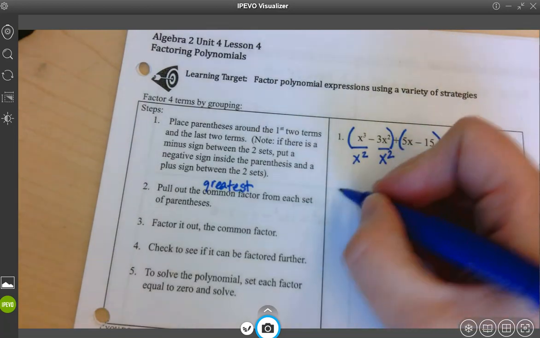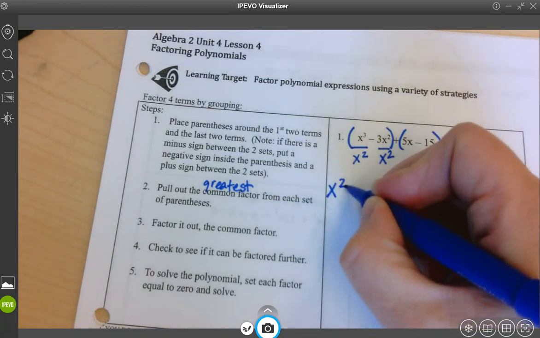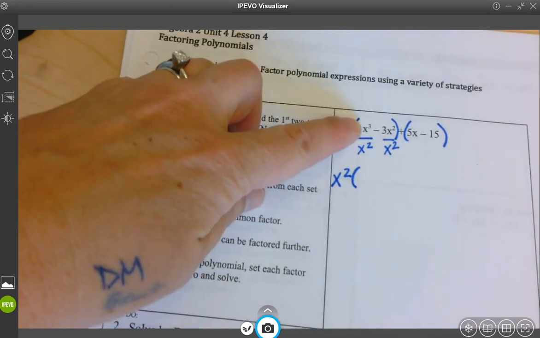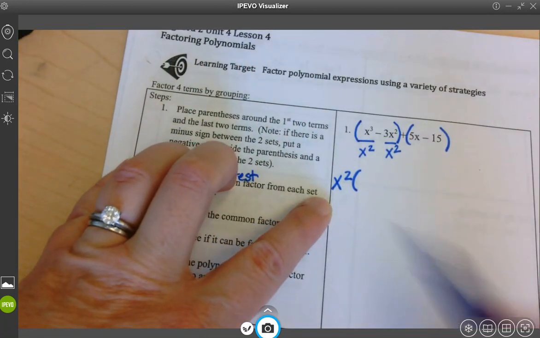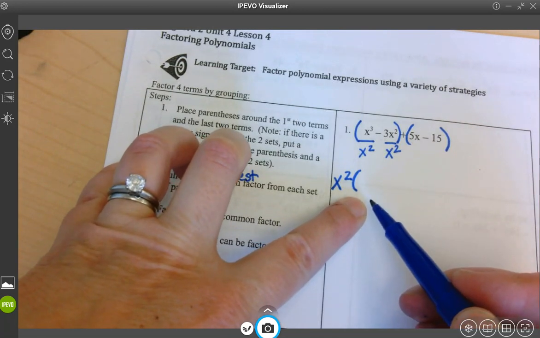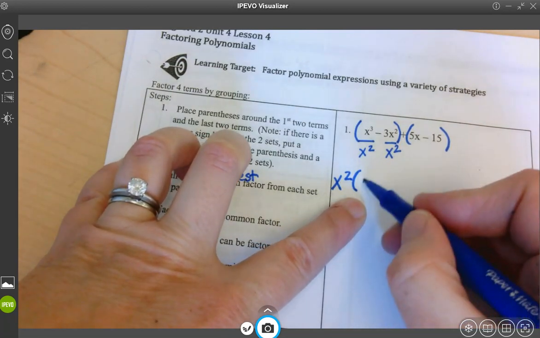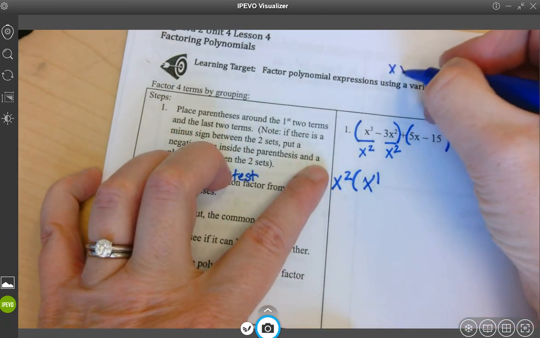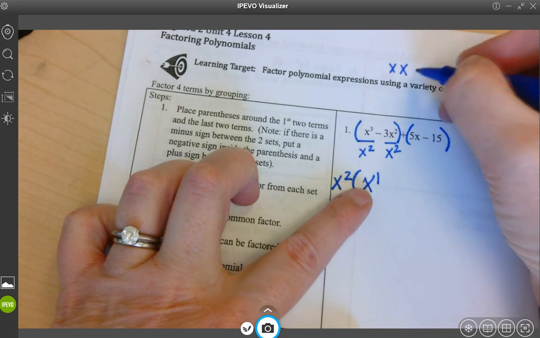All right, and then that can come out front, x squared. This one is x to the third, so to make x to the third, it has to be x to the 2 times x to the what? To the 1, right? So think about that. x to the 2 is x times x, and x to the 1 is just x.